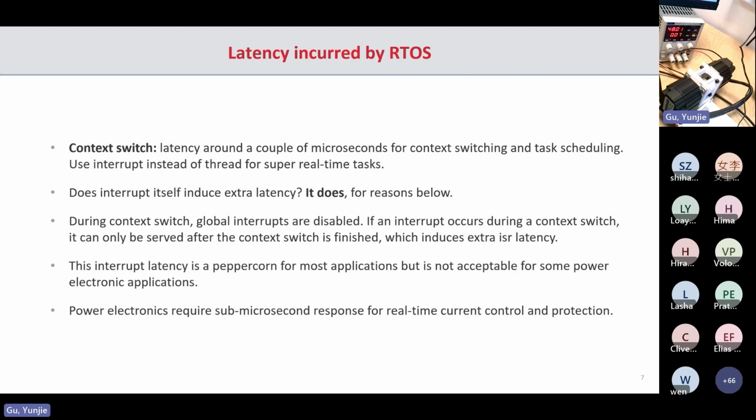In most applications this latency is not a problem, it's just a technicality. But for power electronic control, it makes a difference. People can't tolerate that, so we have to eliminate this latency on the microsecond time scale.